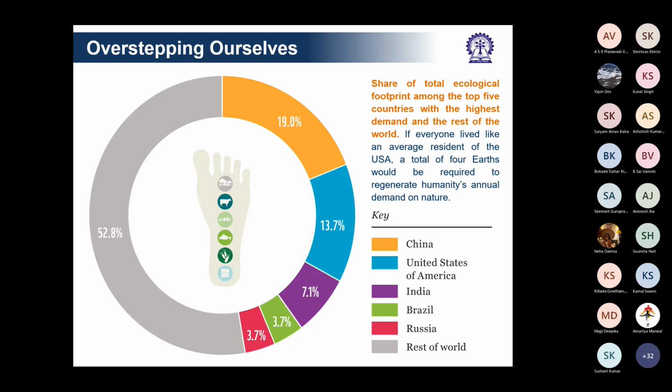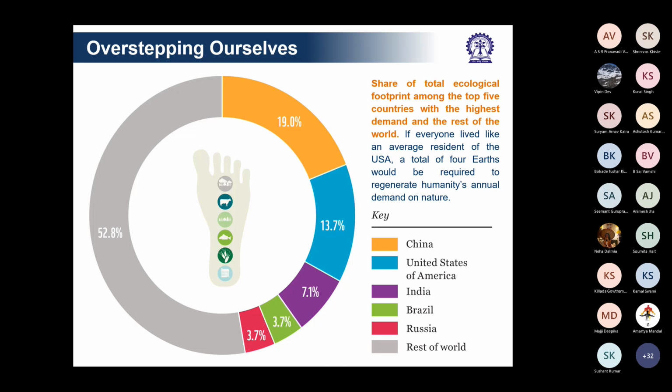Similarly, when we multiply population with per capita demand, India shifts from the 136th largest footprint per capita to the third largest in total. Brazil goes from 53rd to 4th, and Russia from 42nd to 5th. So you can understand how, for most countries except the United States, a huge population results in a very high ecological footprint, although their per capita footprint is significantly low compared to the US.